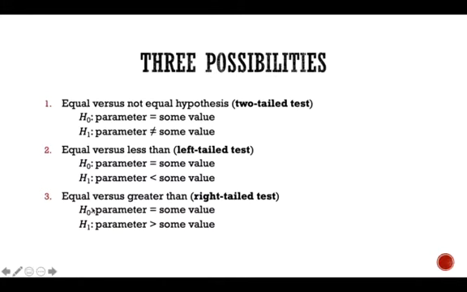For my greater than, again, the null is a statement of equality, and my alternative is that it's greater than. If it's right-tailed, the inequality points to the right. So based on the direction of the inequality, I know whether the test is going to be left-tailed or right-tailed, and if it's not equal to, it's going to be two-tailed, and we'll see why in a few moments.